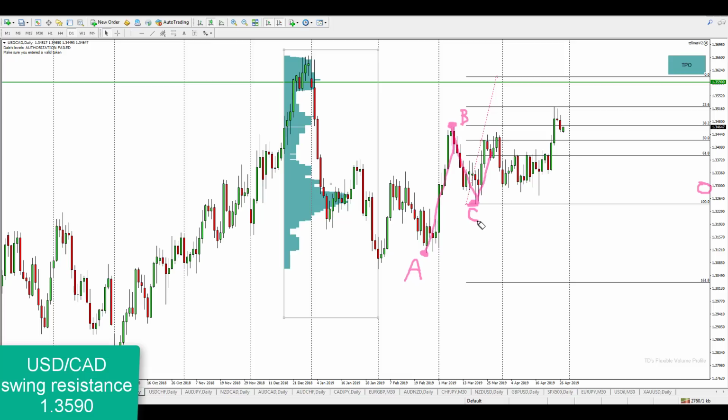Let's call it point C. And the same distance as from A to B should be from C to point D. Alright, so this is point D. So the distance AB is the same as CD. And usually the price reacts to this place and it makes a reaction. So there is expected to be a reaction.